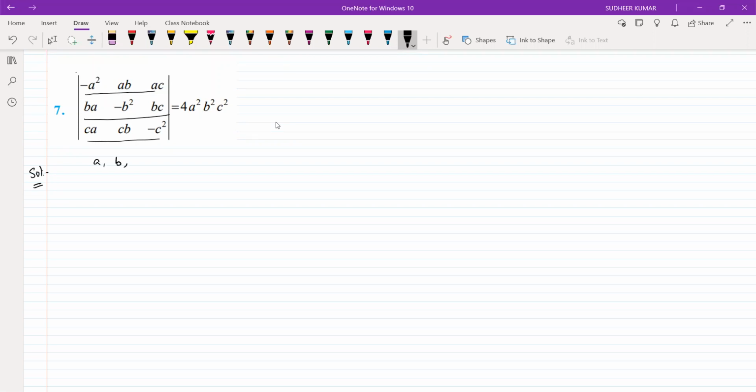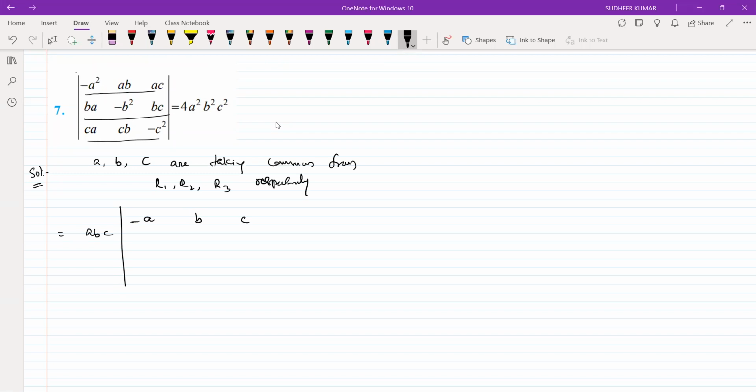So a, b, c are taken common from R1, R2 and R3 respectively. So we get this result: a, b, c we have taken common. From the first row, the remaining values are minus a, b, and c.